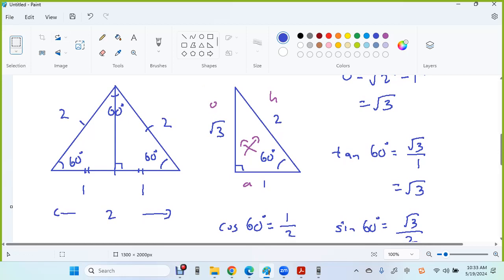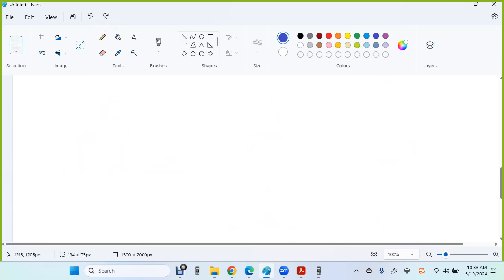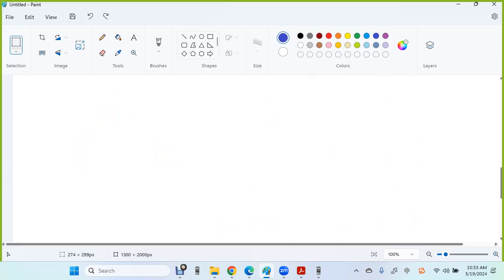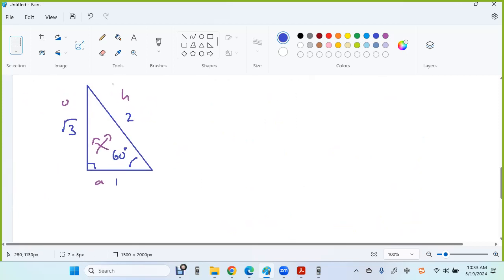So for this one, we know that at this part it is 30 degrees. Then we look at this one. We don't want to look at the 60 degrees here, we want the 30 degrees here.